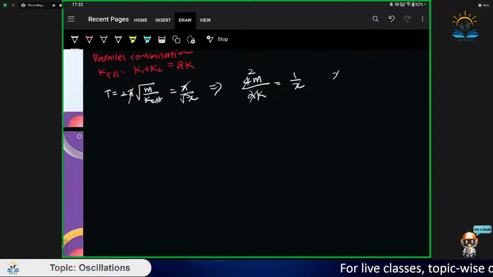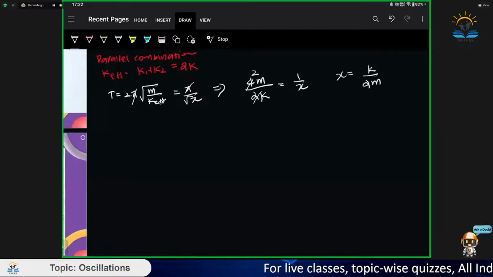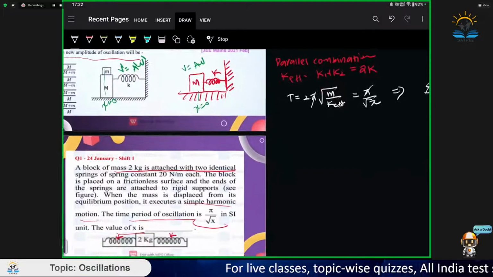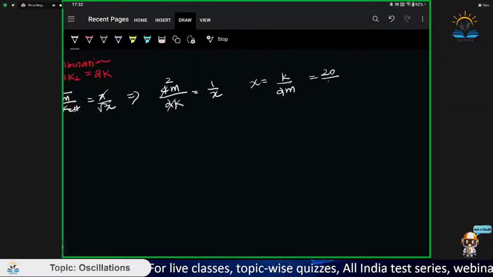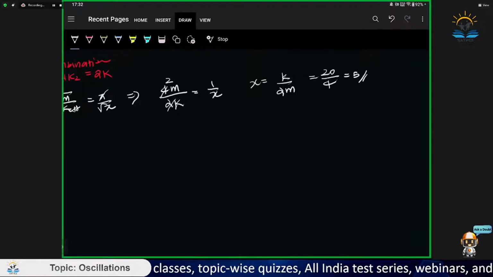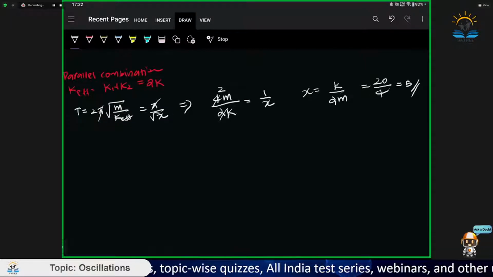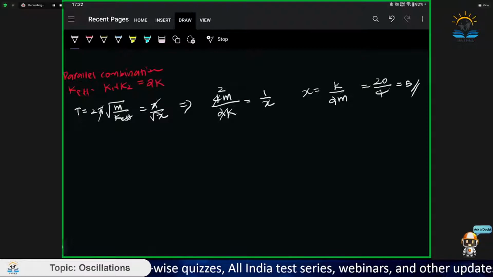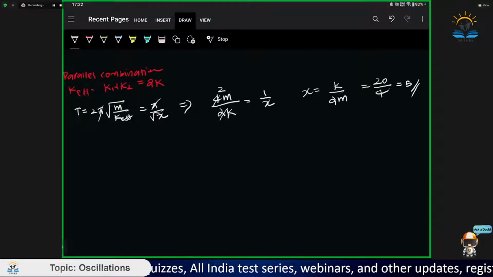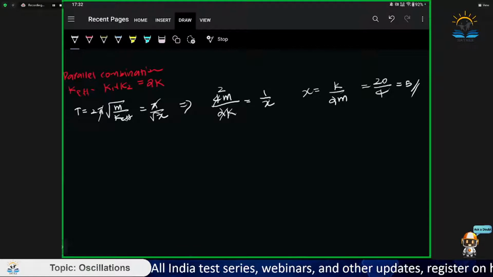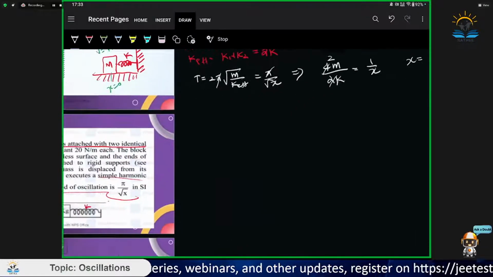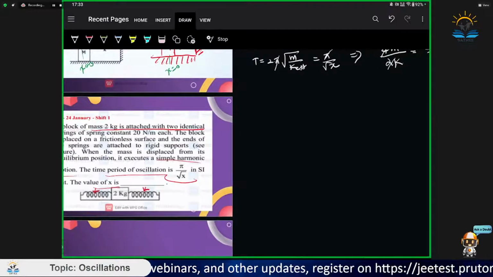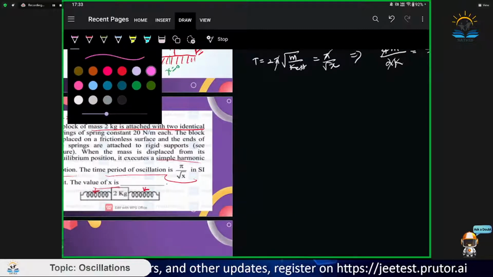So x is equal to k divided by 2m. k is given as 20, mass is 2, so 20 by 4, that is 5. Our answer is 5. x is 5.